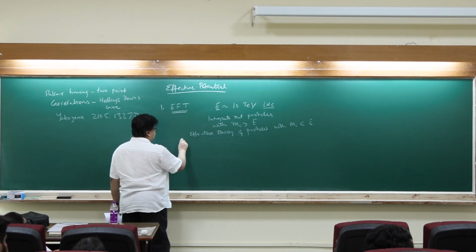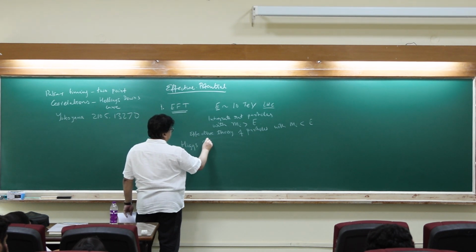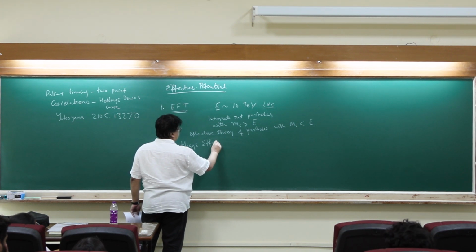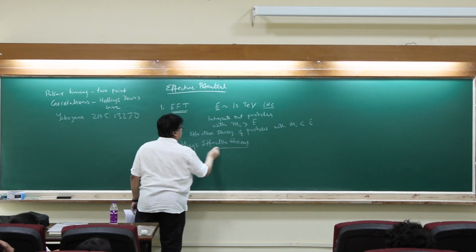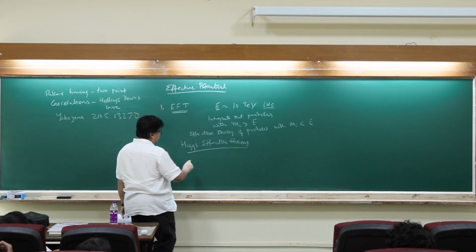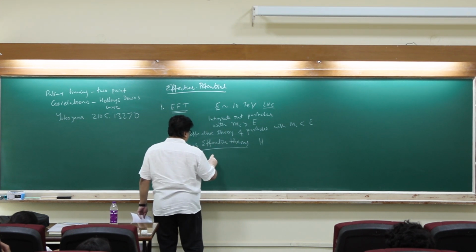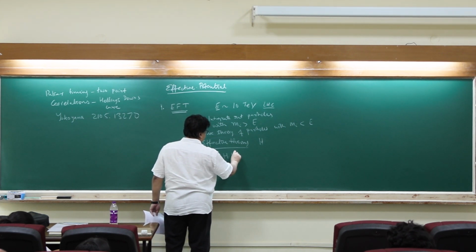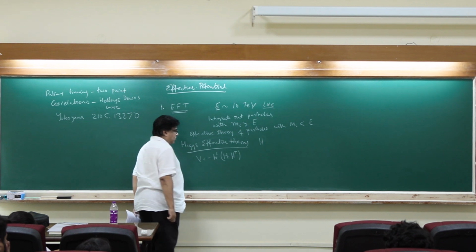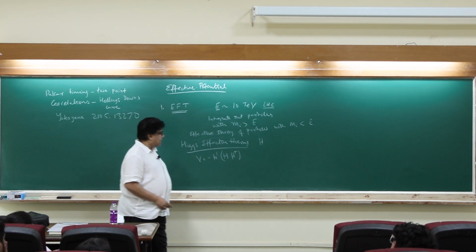So for instance, for the Higgs, let's say I want to write the Higgs effective theory. Higgs is a doublet, and it will look like something like mu squared H dagger H. So it's an SU(2) doublet, so you have to form an SU(2) singlet from this. So you have to have an H dagger.